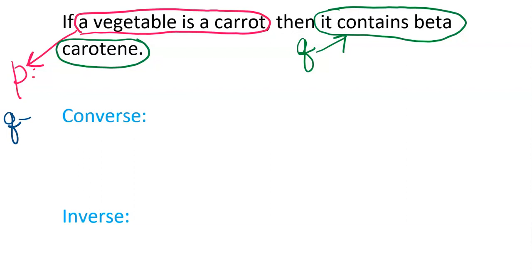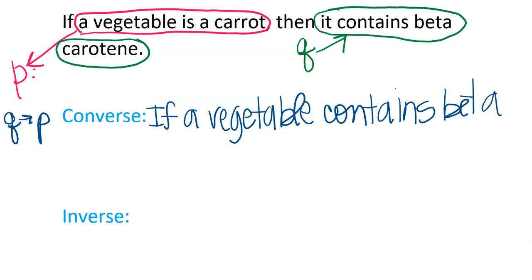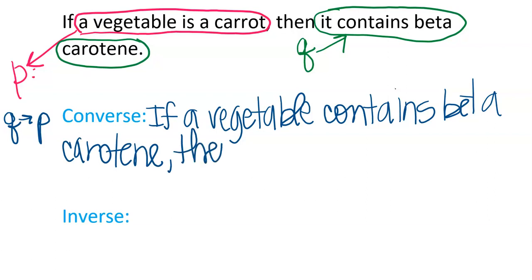If Q, then P. So I'm going to say if a vegetable, so notice that this one starts with it. Don't ever start your sentences with it. You have to know what you're talking about. So if a vegetable contains beta carotene, then it is a carrot.